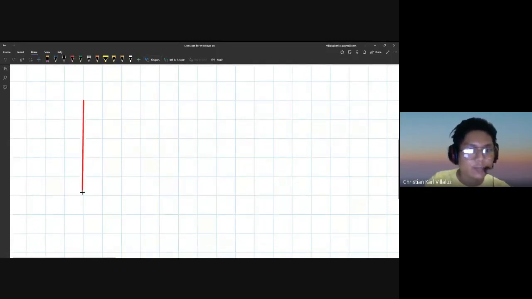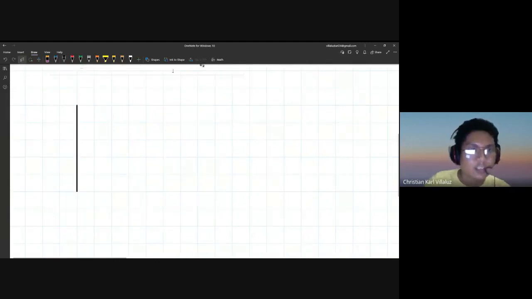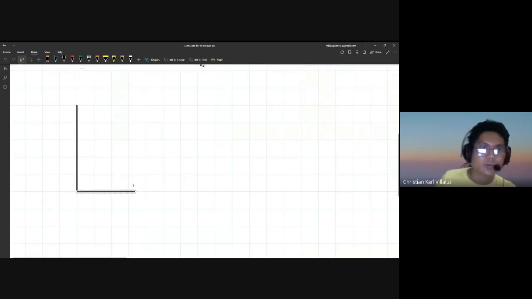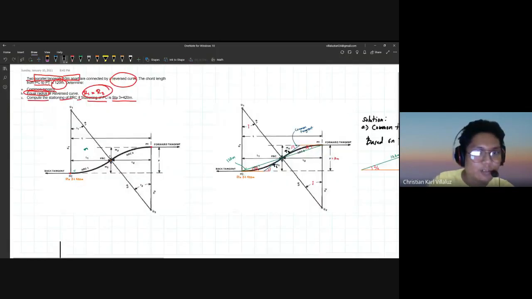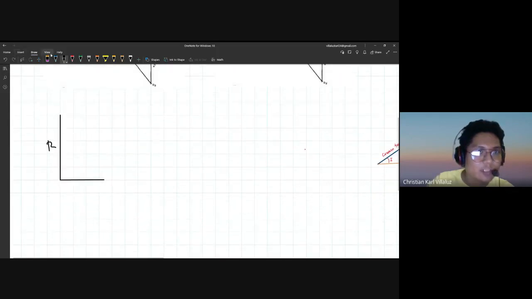So, wala naman sinabi na direction ng azimuth ng mga tangent. So, tayong bahala paano yung orientation nung reverse curve. So, una natin gawin, mag-drawing tayo nung unang radius. Say ito, radius niya. Tapos, yung radius nung pangalawa, i-copy natin since parehas to.